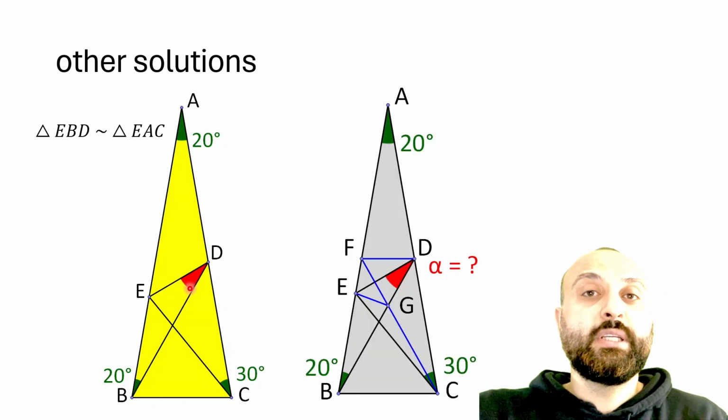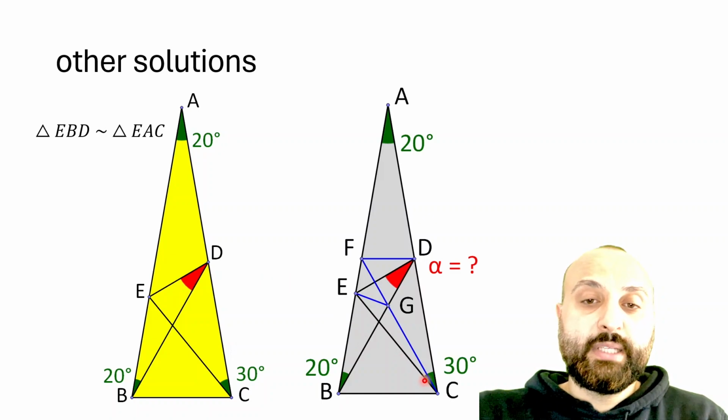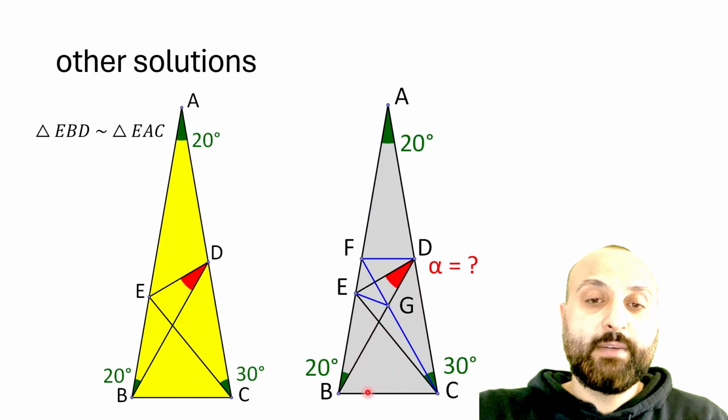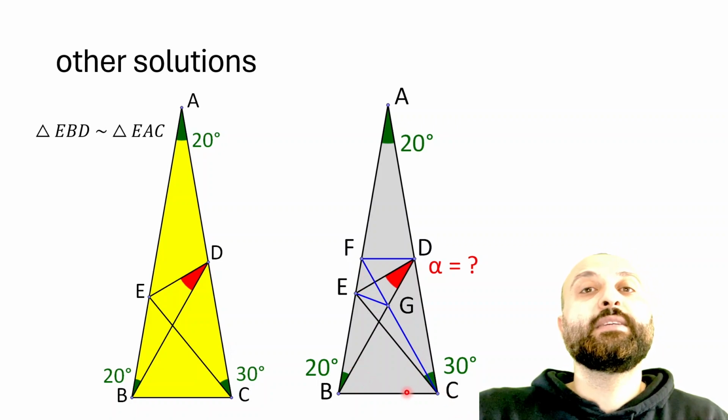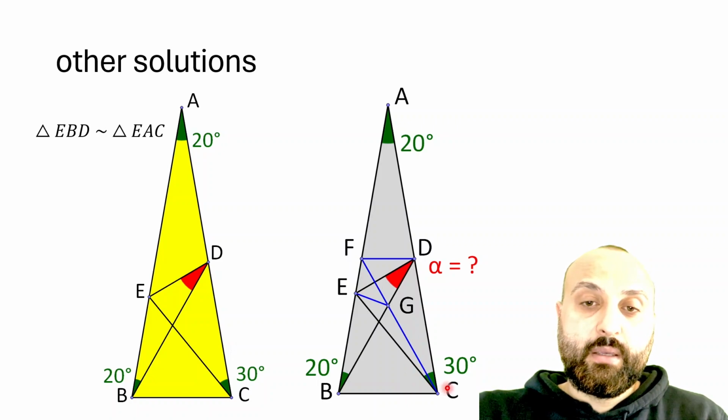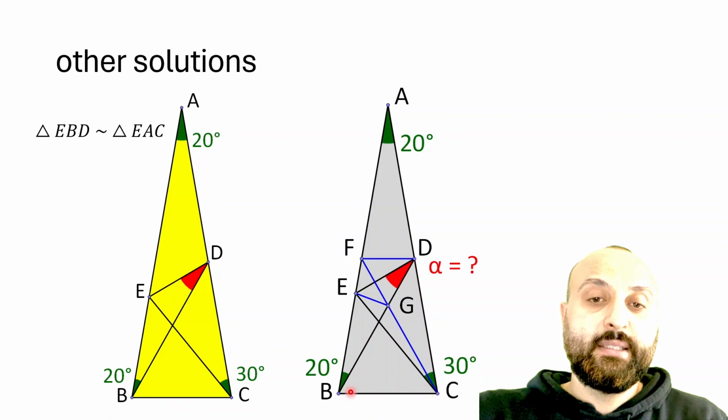Alternatively, you can actually introduce new lines. For example, here we said that this angle will be 60 because total is 80 minus 20 is 60. We are going to make this blue line CF such that this angle is also 60 degrees. We continue this because this is 60 and this is 60. This will be an equilateral. You can show also this top one is an equilateral.